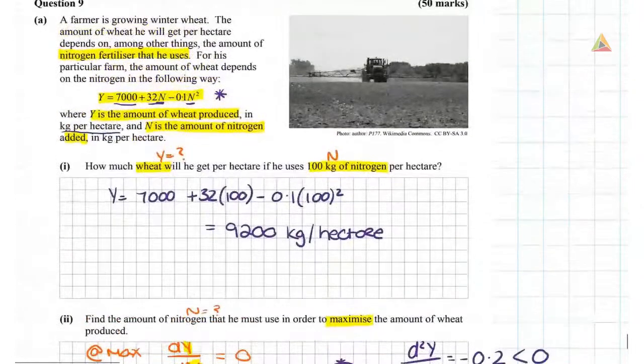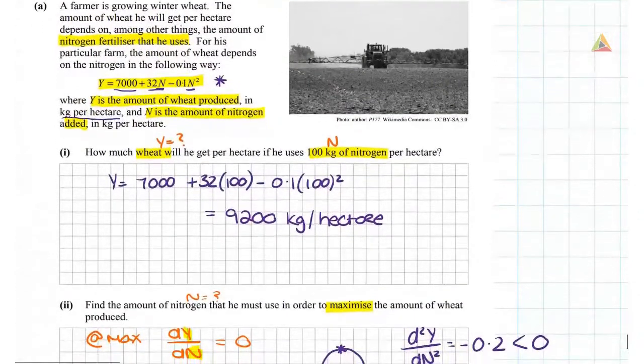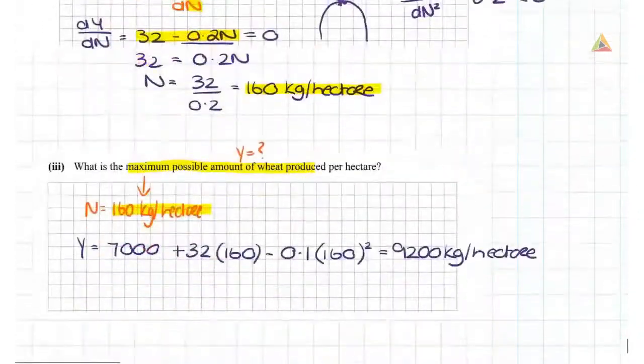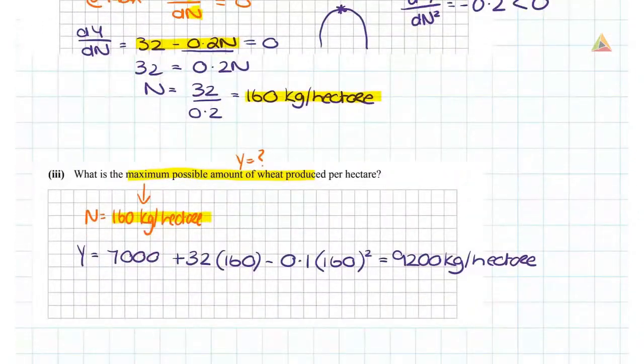Okay, let's just check that we have our units right. Yeah, kilograms per hectare. So we're all good at that stage. So look, that's just a sample of a couple of questions from the papers. You'll see calculus, differentiation mostly, comes up in paper 1.